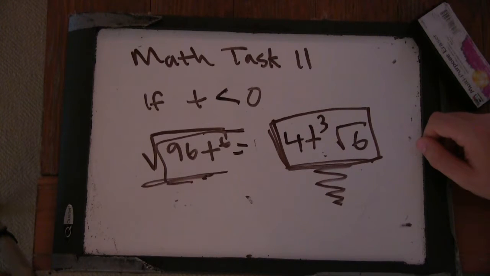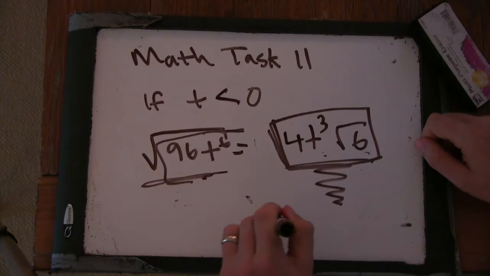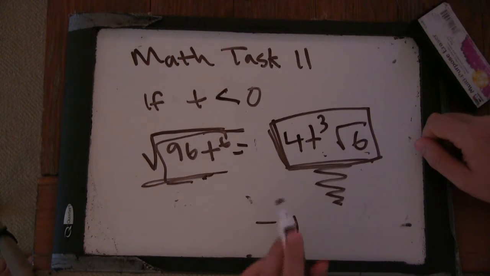Well, you could square it. I could, but would that be the square root anymore? Well, no. So the magnitude, the size of the number, is right. Like if the answer was supposed to be 4, I'd get negative 4.